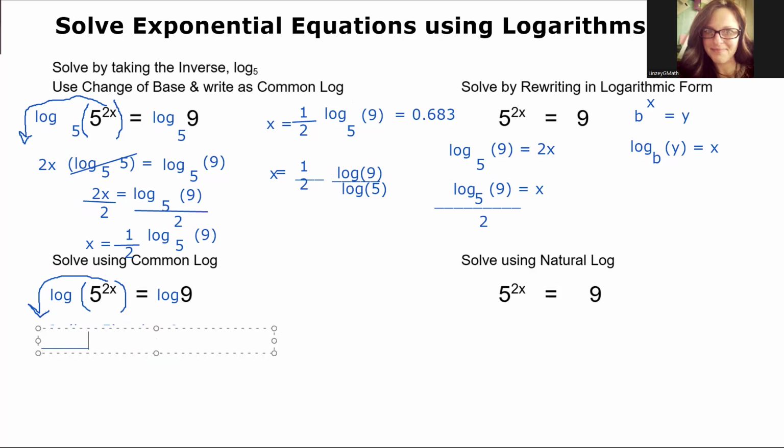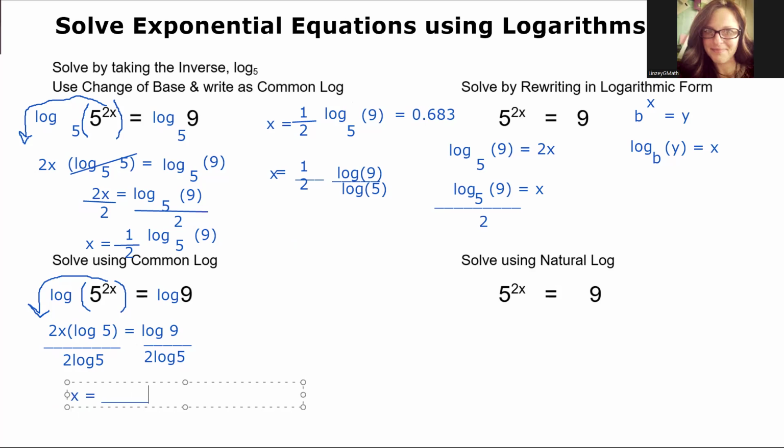And then we'll divide both sides by 2 times common log of 5, and we get our solution, common log of 9 divided by 2 times common log of 5. And that would be equivalent to this decimal.